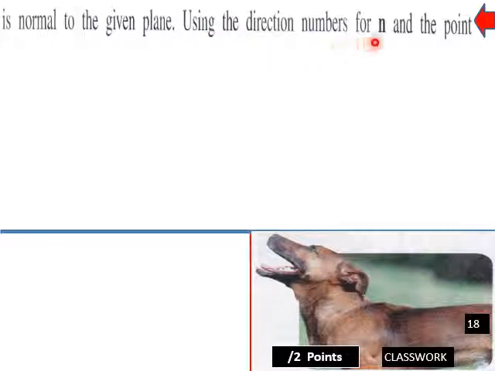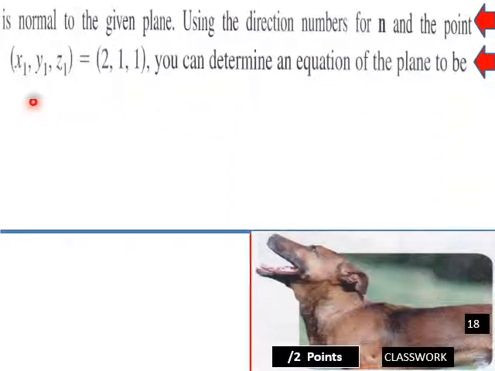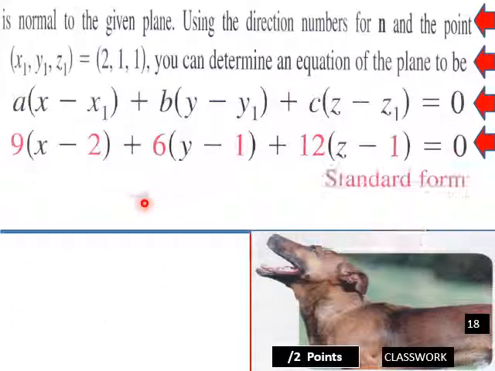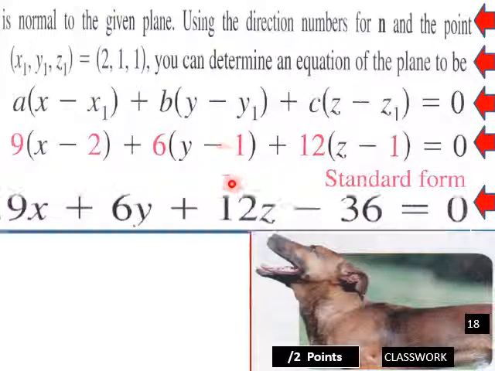Using the direction numbers for n and the point x1, y1, z1, which is (2, 1, 1), you can determine an equation of the plane. Here's our standard form for the equation of a plane. Once we do that, we end up with 9x plus 6y plus 12z minus 36 equals 0.